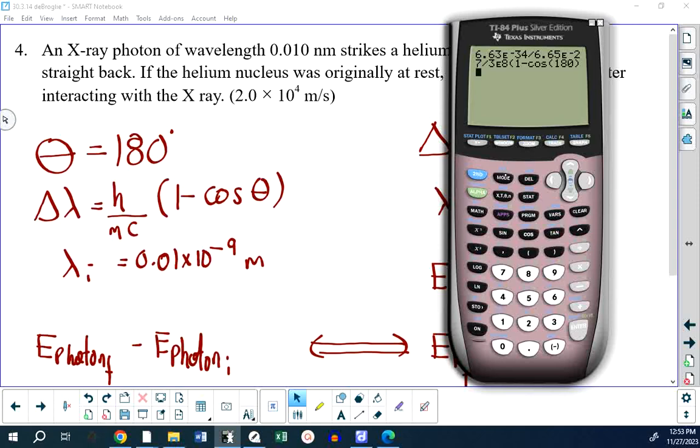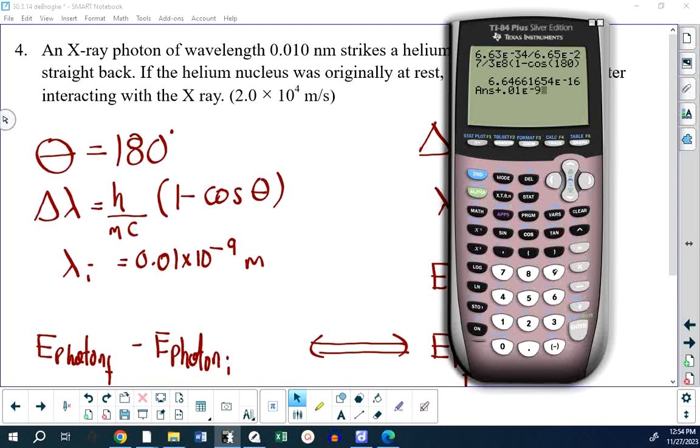And I'm pretty sure they're right. The alpha particle mass is right, 6.65 times 10 to the negative 27. It's nice to check that because we don't use it that often lately. So this is what I'm getting for the wavelength shift. Very tiny wavelength shift.